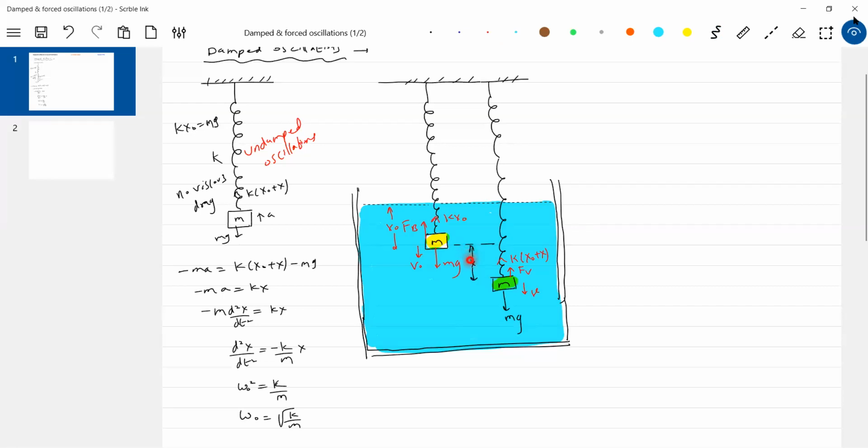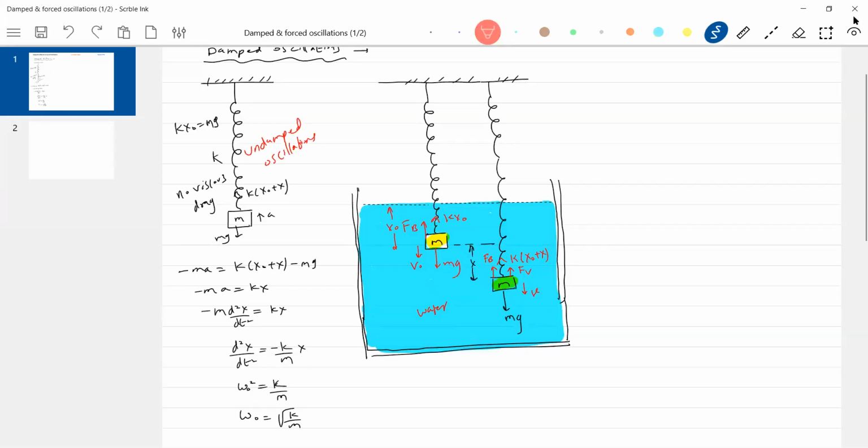Then the block starts moving down. Then viscous drag, water will exert viscous force. So viscous drag will be acting, and along with that, a buoyant force will be acting. What equations can we write here now? I think initially FB plus kx naught will balance mg.